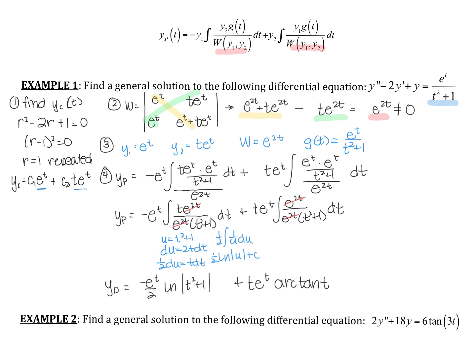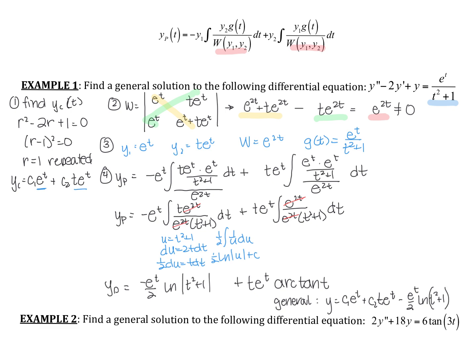So if we were to write a general solution for this whole differential equation, my general solution would be the complementary solution, c1 e to the t plus c2 t e to the t. And then we would add in this component here, which was negative e to the t over 2 natural log of t squared plus 1.